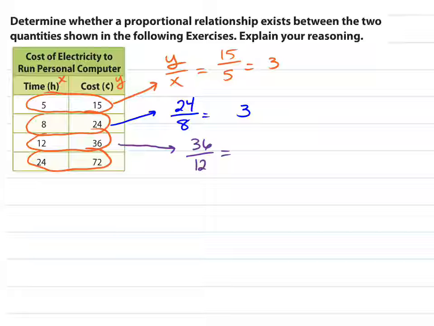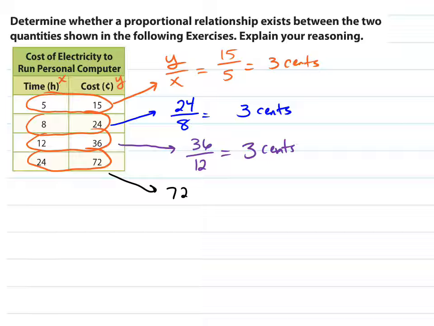Sorry, I just noticed that. 3 cents. Let me go back and change that. 3 cents, 3 cents, and 3 cents. And finally, 72 over 24, once again, 3 cents.